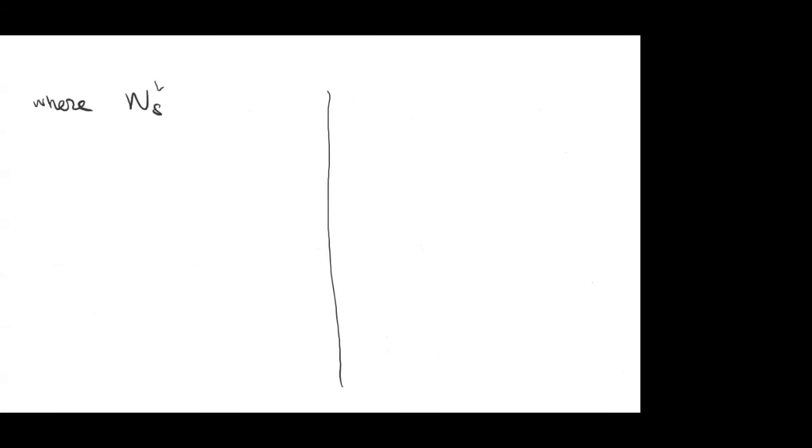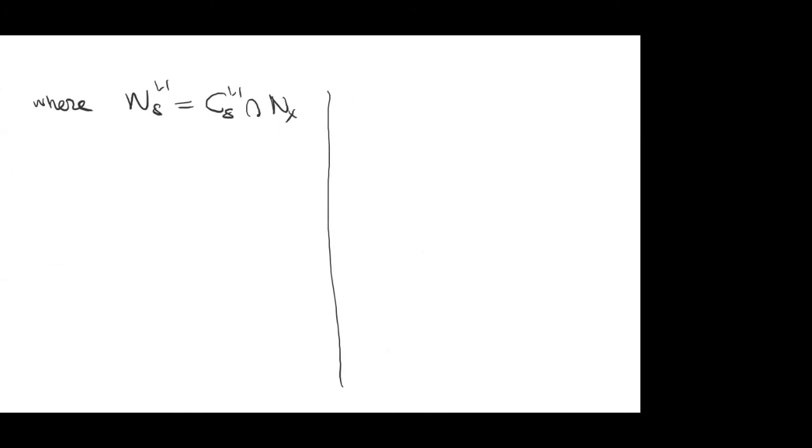W_delta, for now, is the intersection of the component with the moduli space. So these are the points to which this component flows down inside of the moduli space.